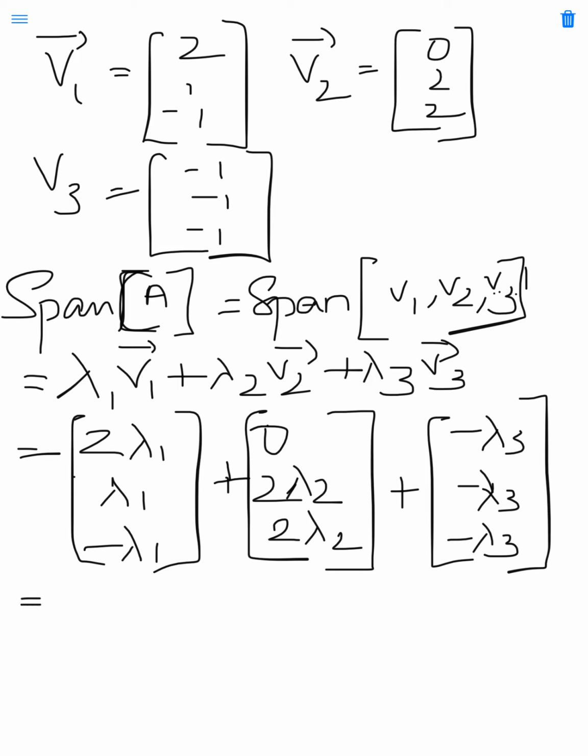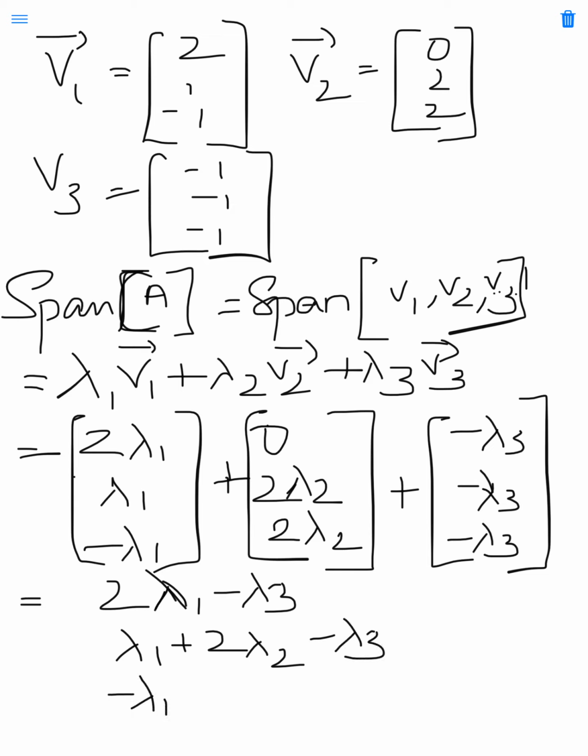We will be getting the result like 2 lambda 1 minus lambda 3, then lambda 1 plus 2 lambda 2 minus lambda 3, then minus lambda 1 plus 2 lambda 2 minus lambda 3.